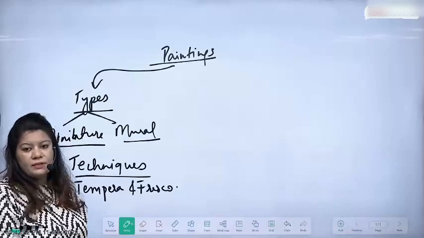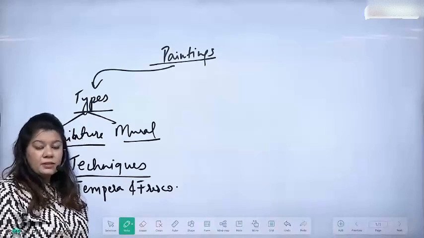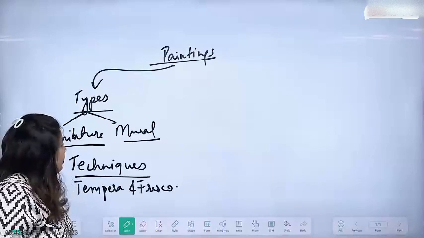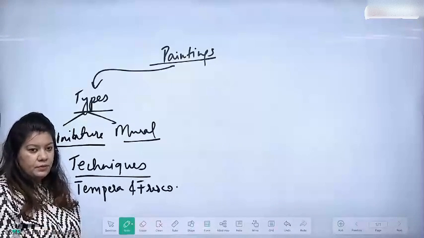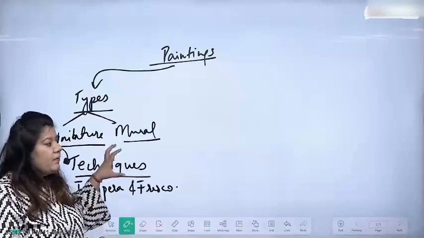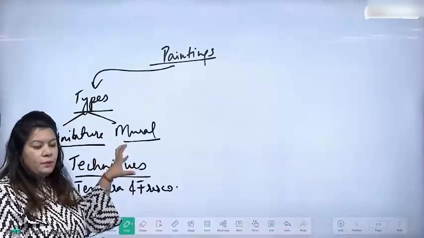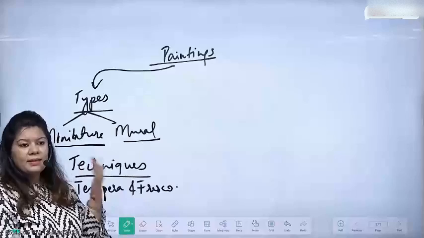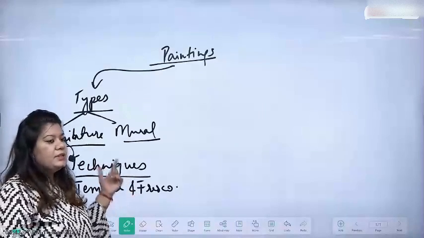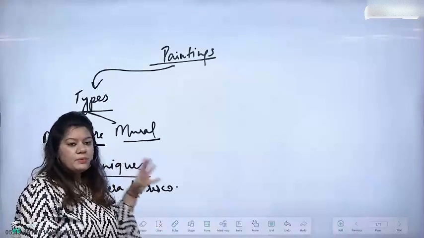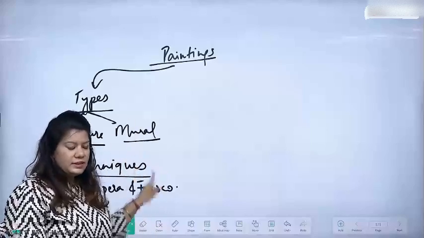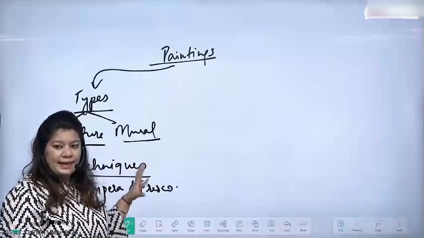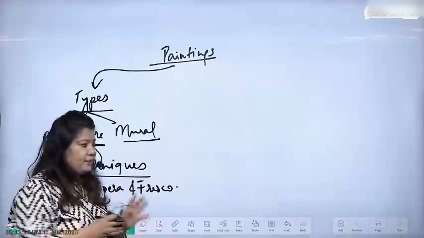Mostly paintings are found in fresco style, but tempera is also found on Ajanta caves, right? Now, this is not a topic where I'm giving you the content for painting. I am again expecting that in updated PT365 material, there will be more famous paintings where I will be discussing this in length, but just understand the framework.